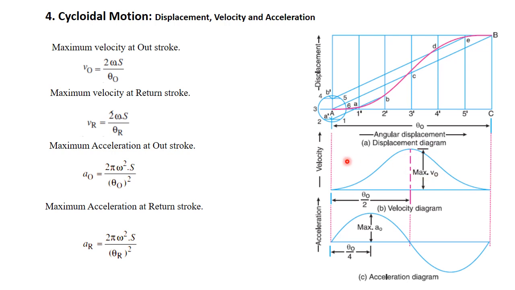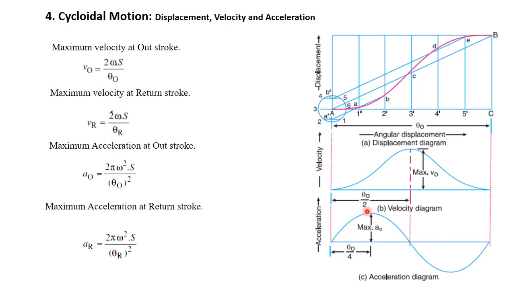Unlike the uniform acceleration and retardation, where the velocity diagram was a straight line from the beginning to the top and from the top to the end of the stroke, in this case it is a smooth curve. Now as far as acceleration is considered, again acceleration is 0 at the beginning, at the mid, and at the end.